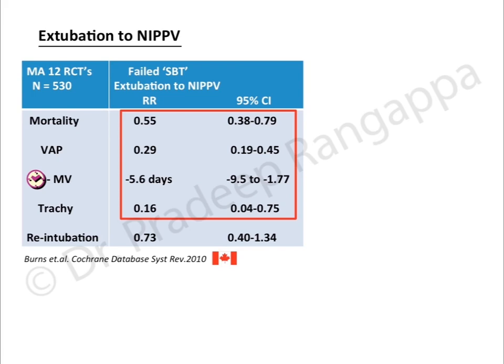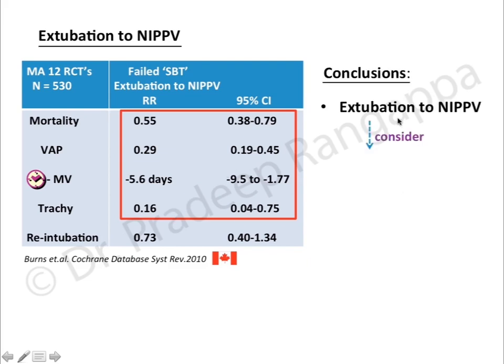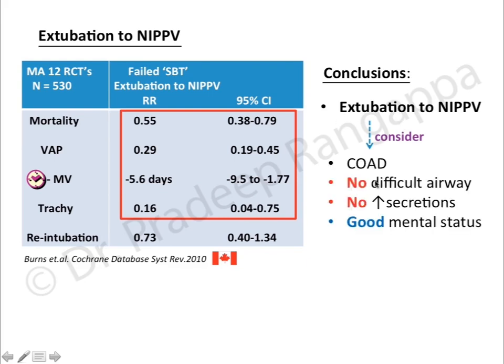Which means if you are struggling for someone to succeed in spontaneous breathing trial or someone to wean on pressure support, the option is to extubate to NIV, which we commonly do because this study significantly shows it improves outcome. So the conclusion is extubation to NIV should be considered in patients with COPD.